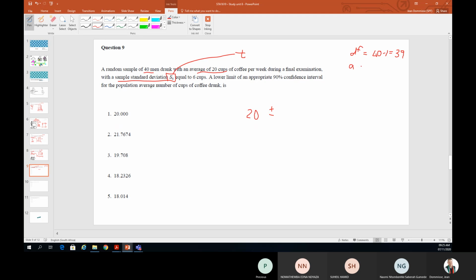The alpha was, we're working with 90%, so the alpha is 10. So in the table that we will look for, it will be 10 divided by 2, so it will be 0.05. Okay, but let's first just read what we need to.